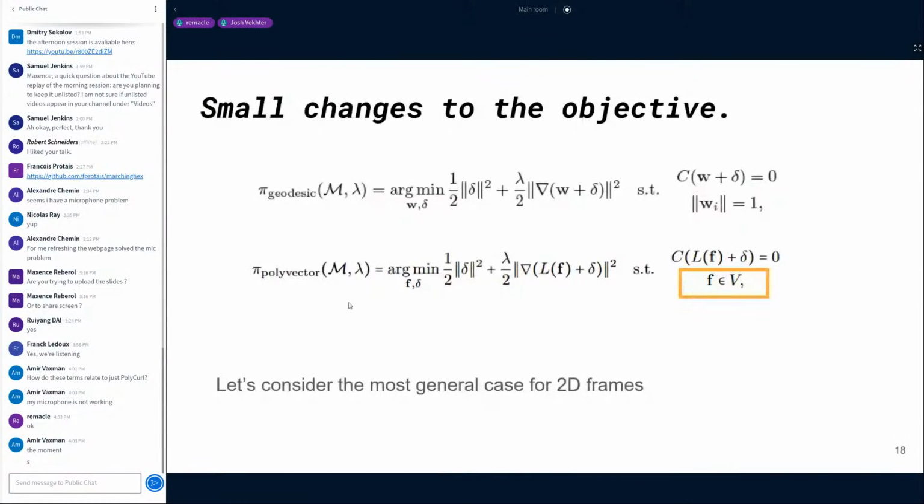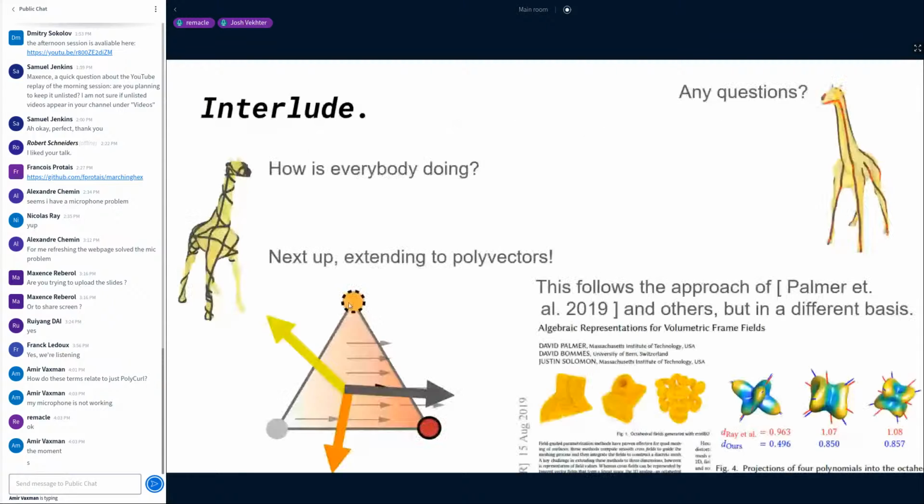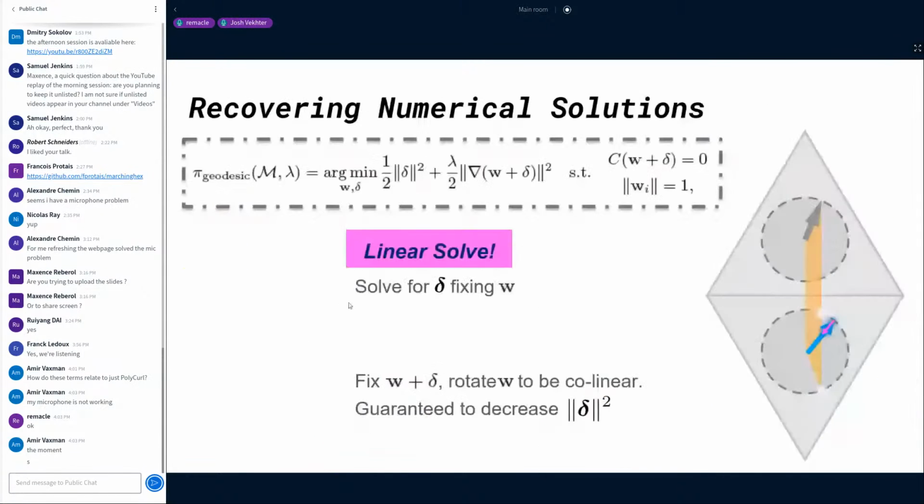I think what's different is that the projection that we're using is different. Here, with a single vector, the projection was just to normalize the vector per face.